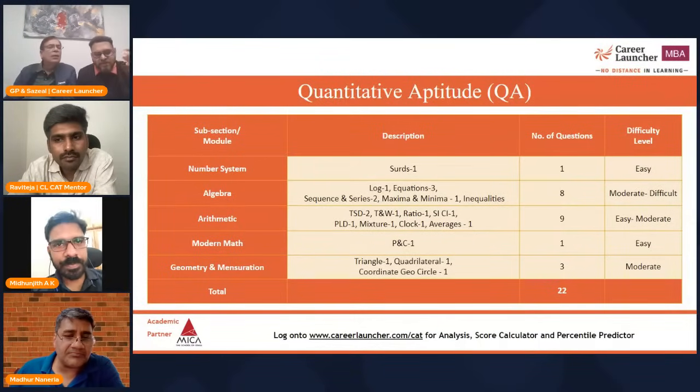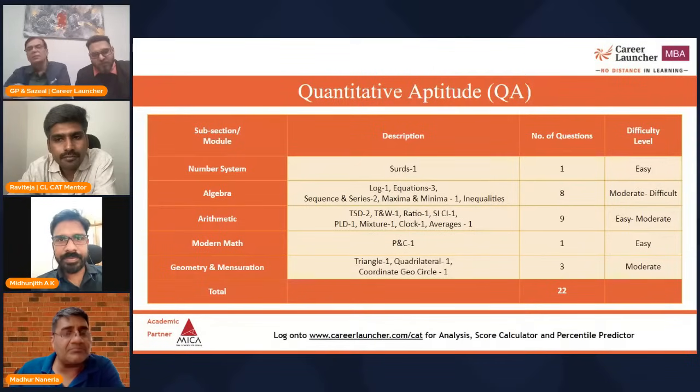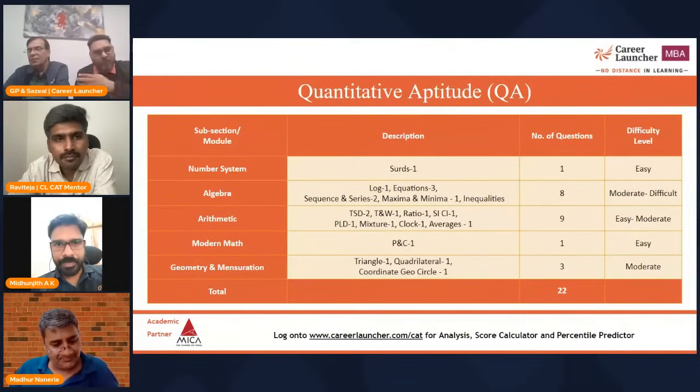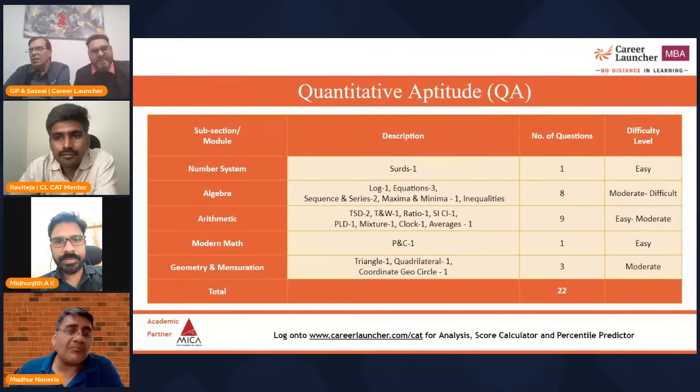In fact, Midhunji, you talked about the importance of giving mocks, right? I would like to mention VARC too. We had 4 types of VA questions this time: para jumble, para summary, para completion. We had done exactly this in CDC 13. Students who have attempted CDC 13 knew that this kind of thing could happen, and they were prepared for it.